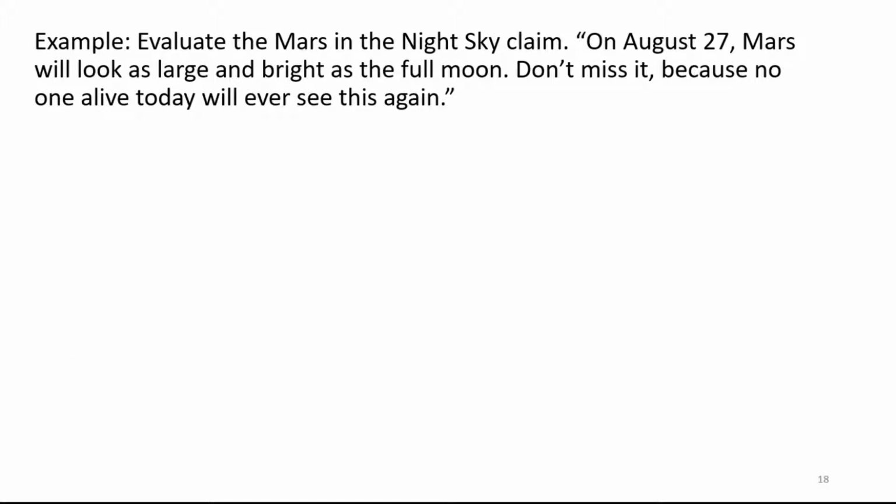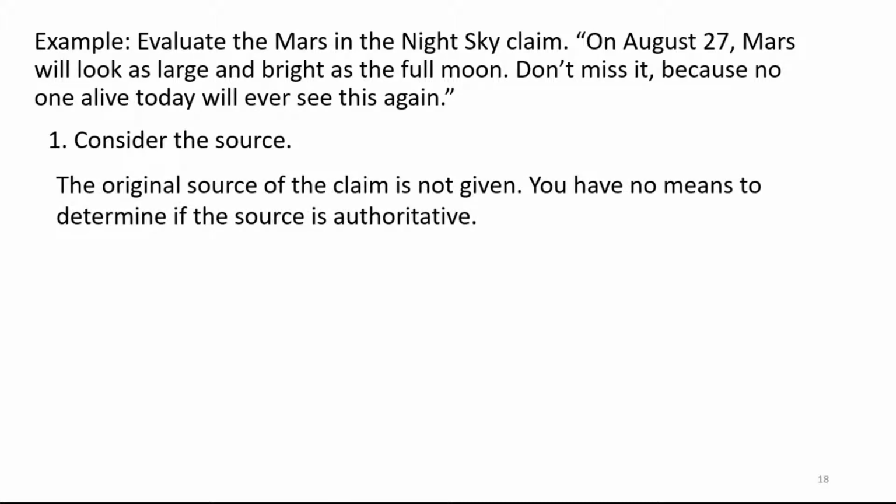Example: let's evaluate the Mars in the night sky claim that is in your textbook. On August 27th, Mars will look as large and bright as the full moon. Don't miss it, because no one alive today will ever see this again. Let's analyze this. 1. Consider the source. The original source of the claim is not given.